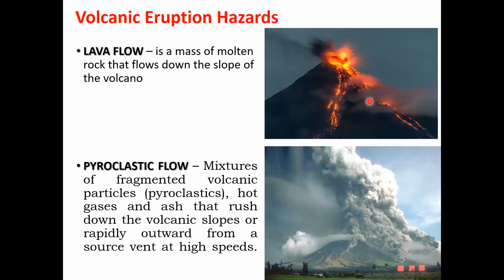Pyroclastic flow is a mixture of fragmented volcanic particles or pyroclastics, hot gases, and ash that rush down the volcanic slopes or rapidly outward from a source vent at a high speed.